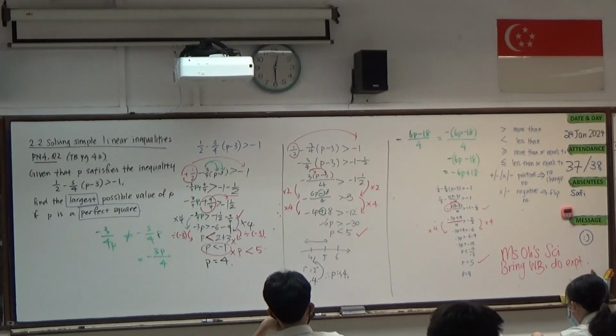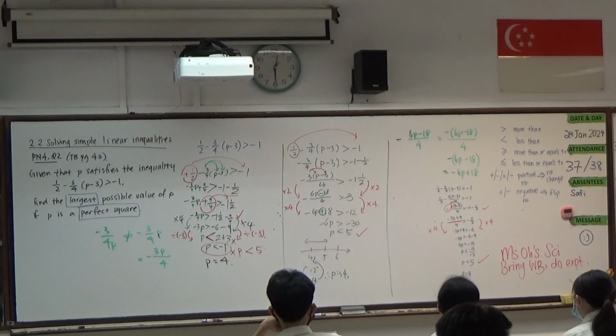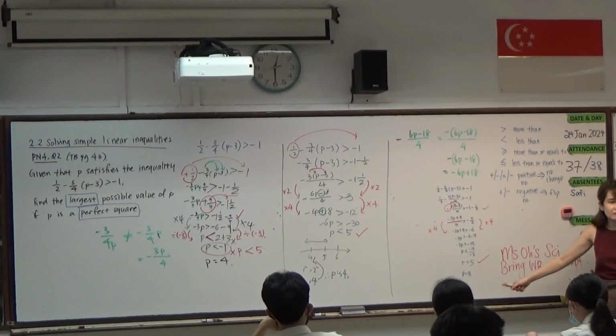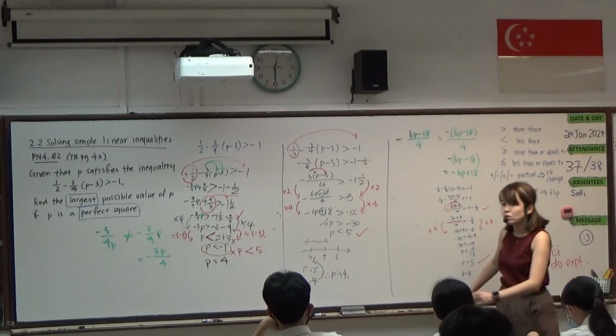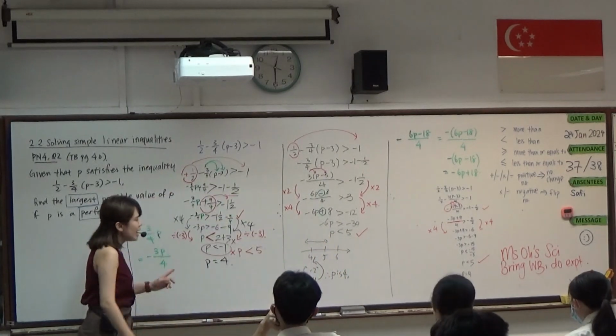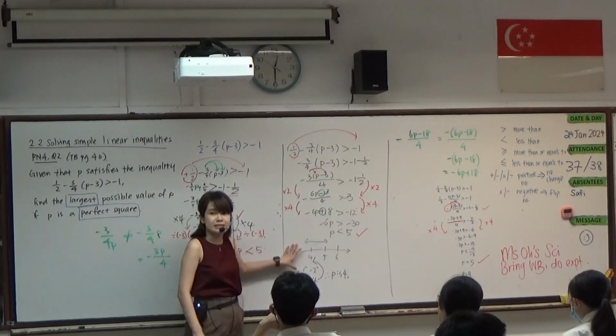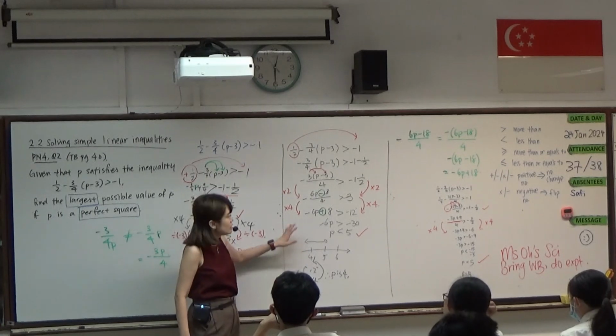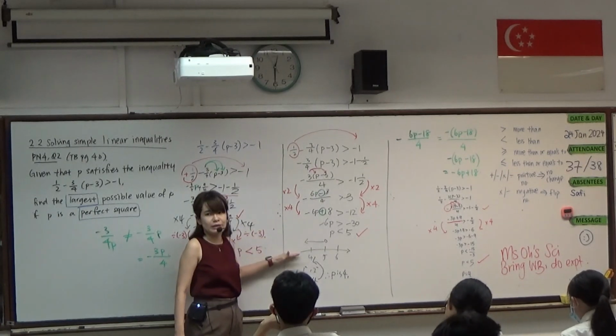Really again, it is up to your habits, up to your preferences, we must know how to adapt to exactly what you have done. Yes? How to get p was 4, I haven't come to that yet. So we agree with all the solving, p less than 5. What Hampshire actually gave us also is a number line. He represented p less than 5 on a number line.